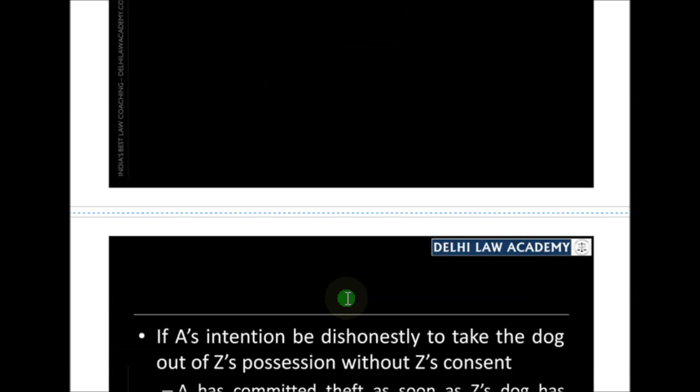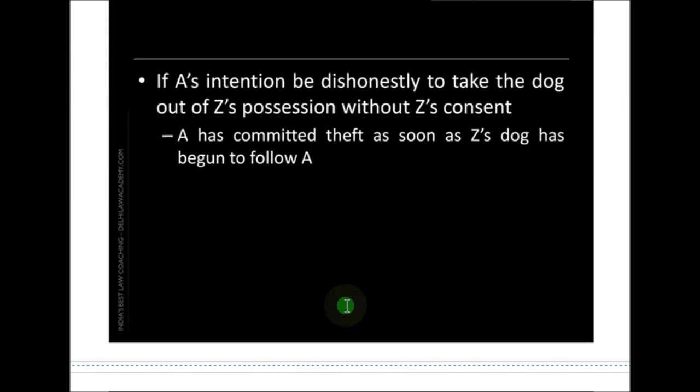Let us see the answer which is given in the IPC. It is this: if A's intention be dishonestly to take the dog out of Z's possession without Z's consent, then A has committed theft as soon as Z's dog has begun to follow.